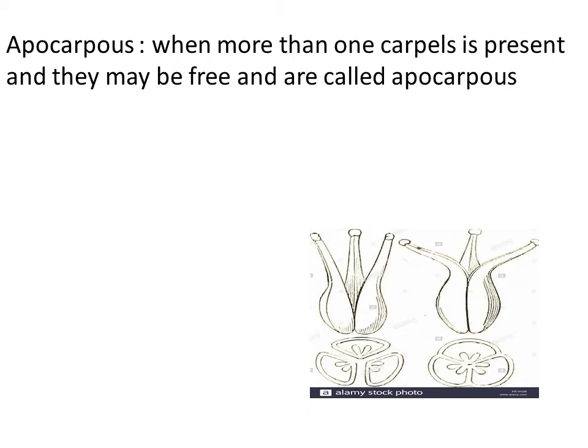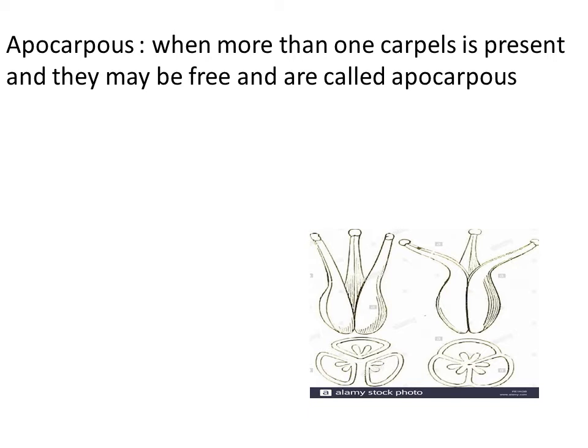Carpels are nothing but the units of the gynoecium, right? When the flower consists of more than one carpel and they are present freely in the flower, such a condition is called apocarpous, and the flower is called an apocarpous flower.